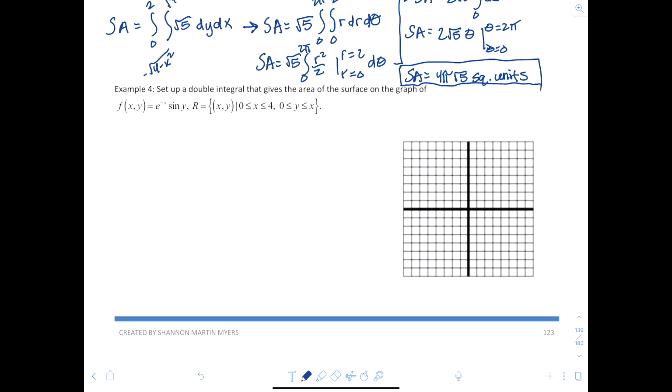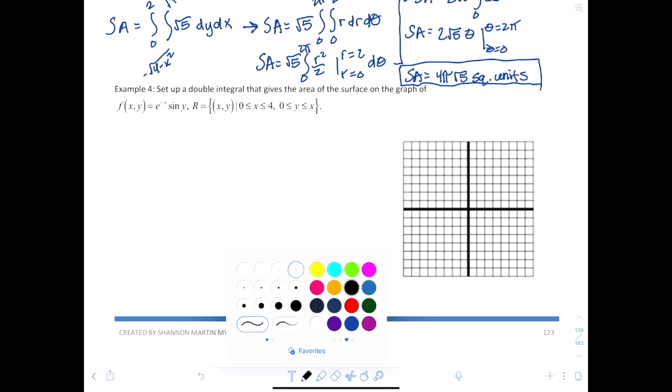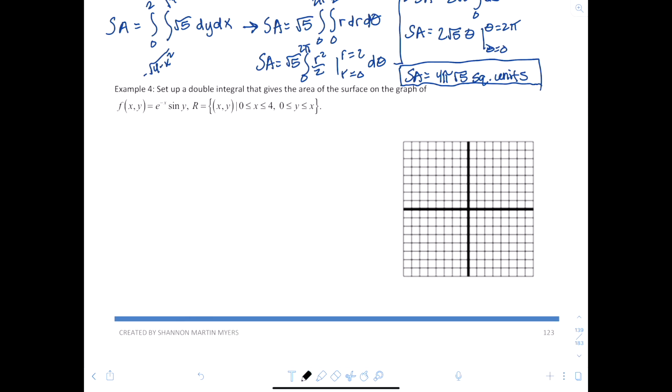So if we have 1, 2, 3, 4, 1, 2, 3, 4, here's our x and here's our y. And x goes from 0 to 4, and then y goes from 0 to x.